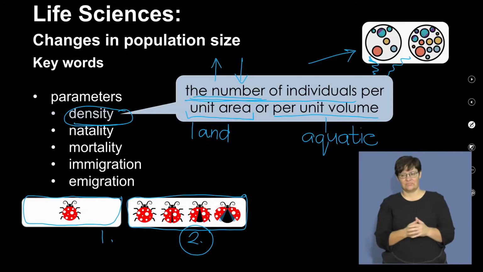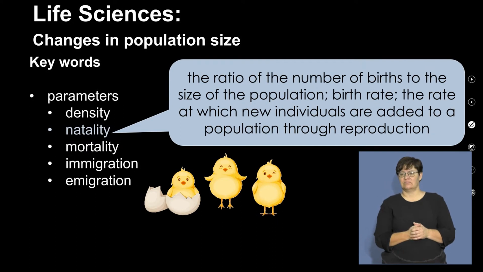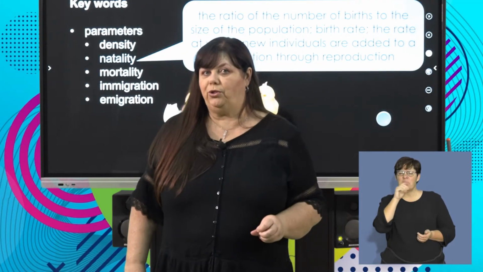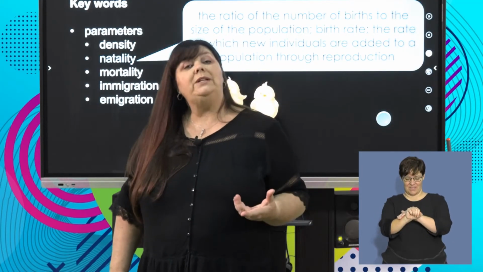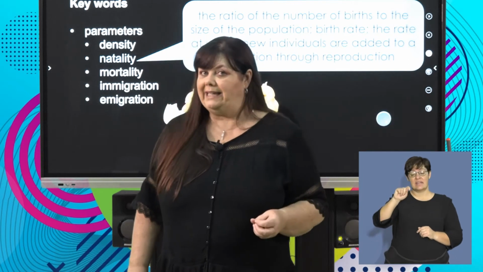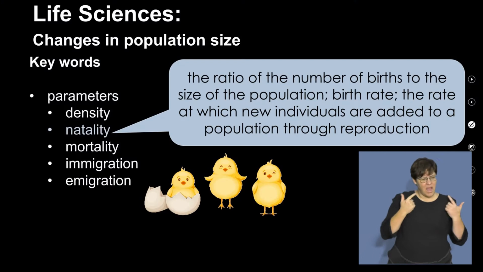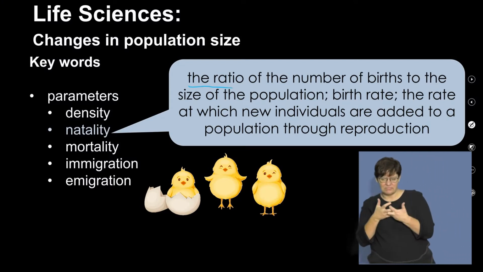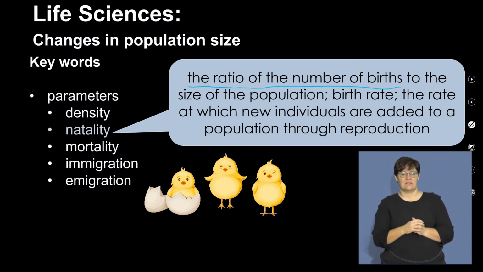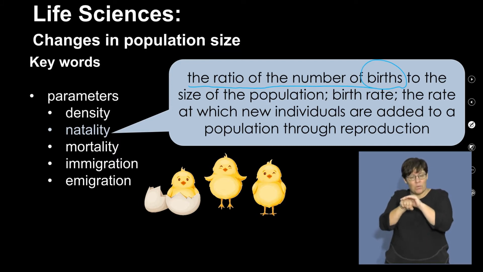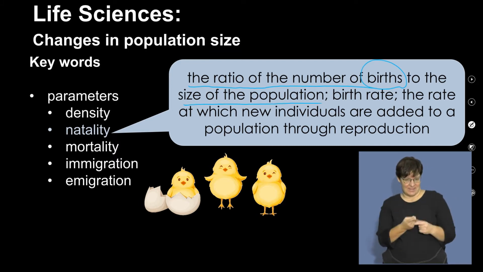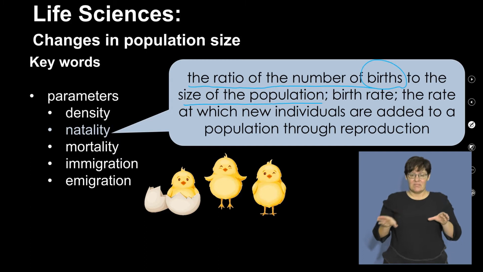Let's move on now to natality. The word natal refers to birth. So when we talk about natality in terms of life sciences and populations, we're talking about the ratio of the number of births to the size of the population as a whole.